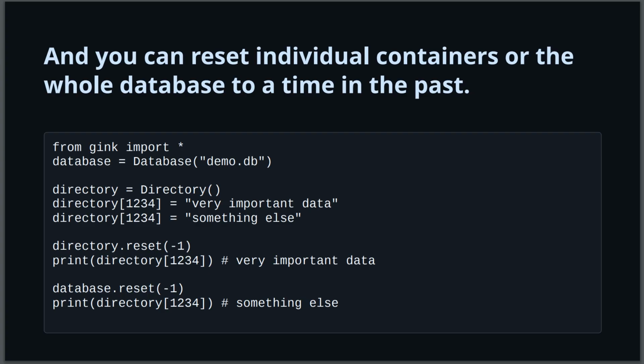So then it'll say very important data. Now, after that, I'm saying database reset -1. So it's resetting to what the database looked like before the previous operation. So it could reset over a reset. So even resets don't wipe out history. They're just literally setting it again to the previous value.